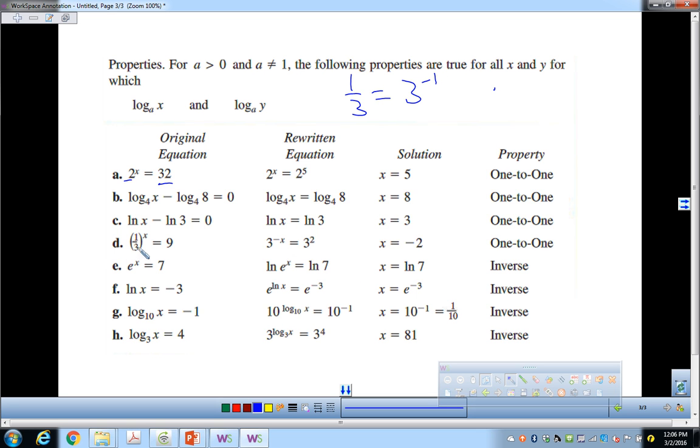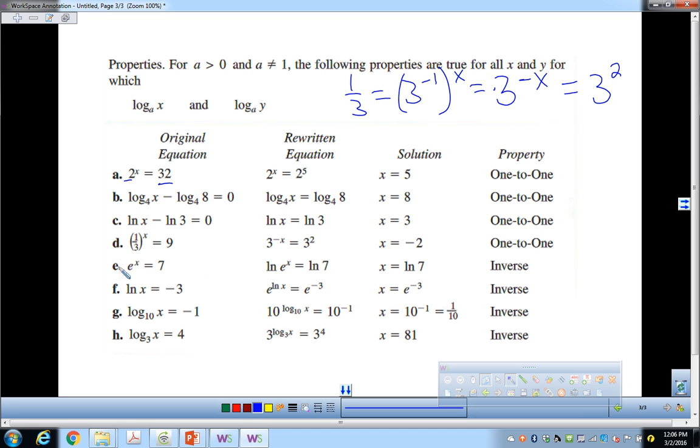And so if I take 3 to the negative 1 power and raise it to the x power, I get 3 to the negative x. And I can take 9 and call it 3 to the 2 power. That must mean that negative x is equal to 2, or x equals negative 2. Yes? Okay.